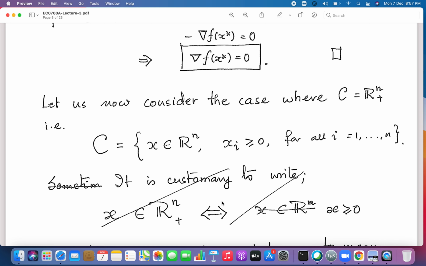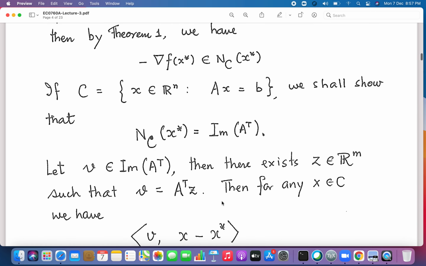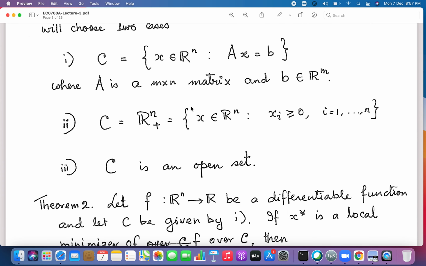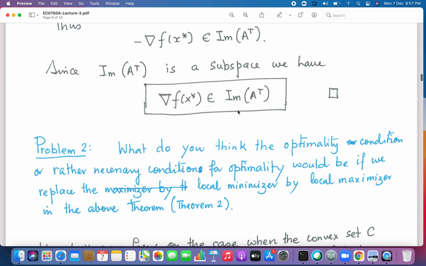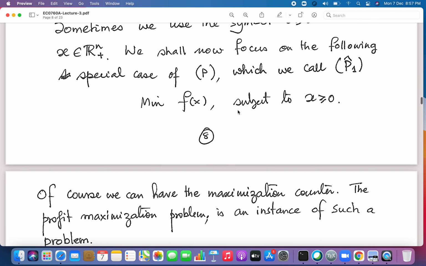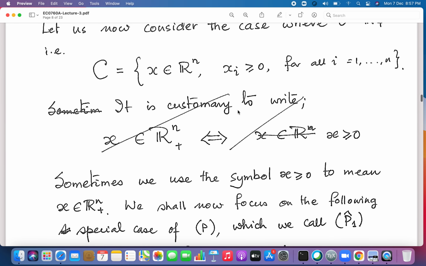Now we are going to consider a special case where you have the non-negative orthant, that is C equal to R^n plus. So we need to compute the normal cone at this point if I want to write down the optimality condition.